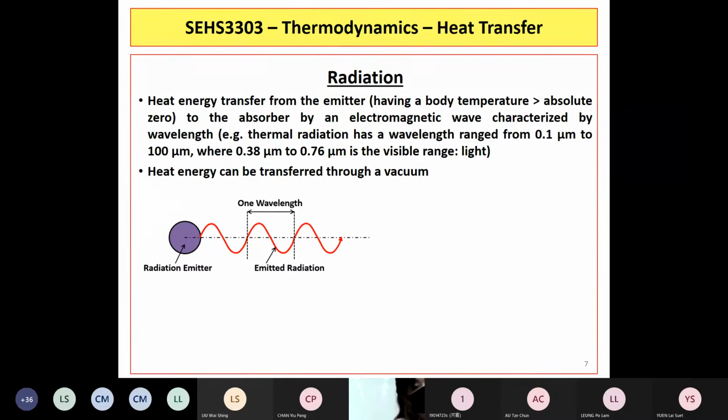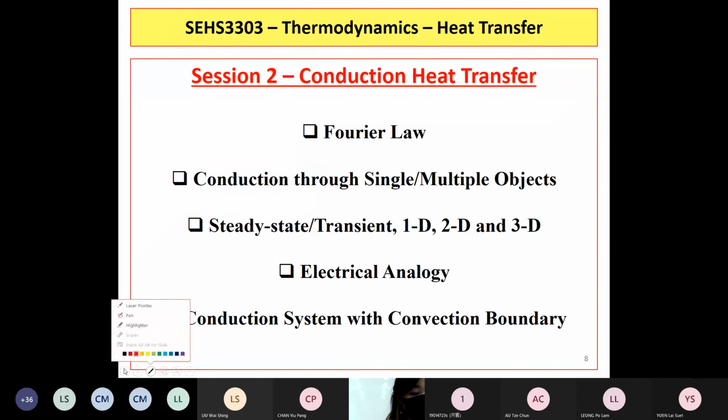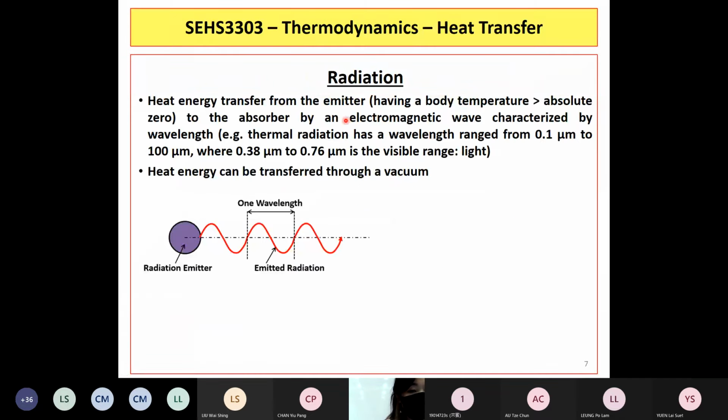But when we say the radiation heat transfer, or I should say the radiation actually in essence, it is electromagnetic wave. In Chinese 就是电磁波, which is characterized by the wavelengths.